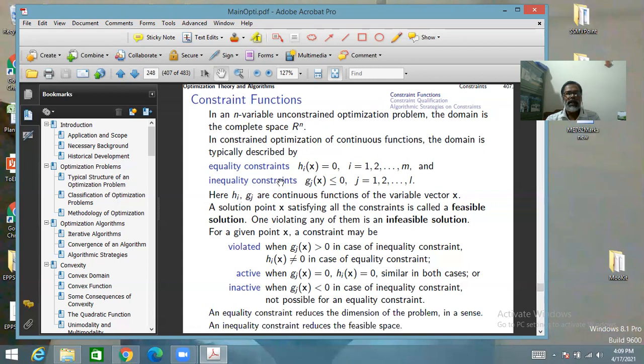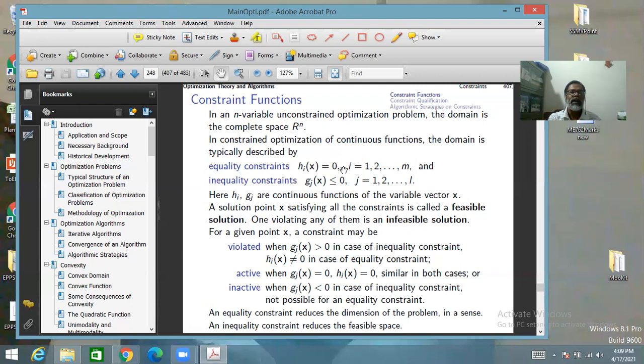So you can see that an equality constraint in a way reduces the dimension of the problem. In n variables, if you put one equality condition, then n minus 1 variables remain independent. In fact, you can find n minus 1 parameters in some cases, in terms of which you can express all the n variables.